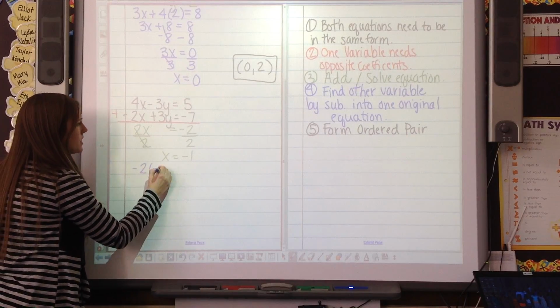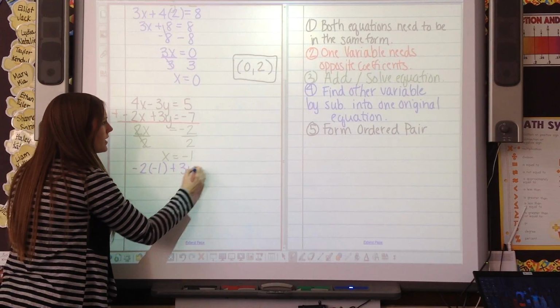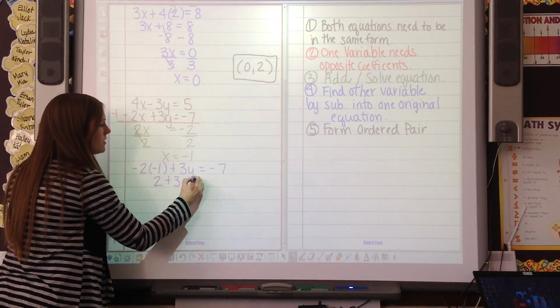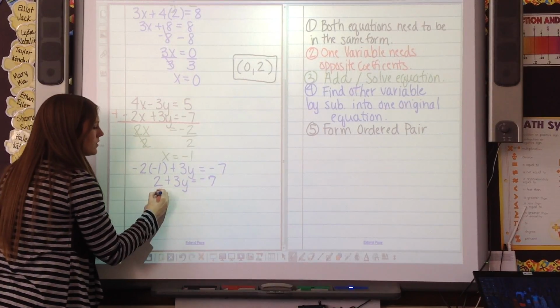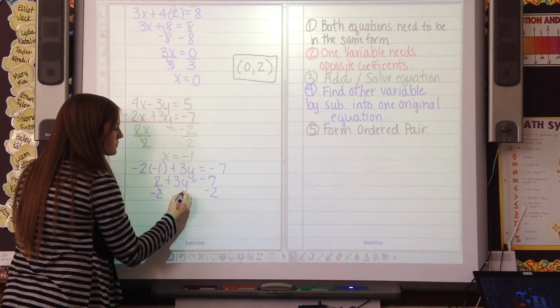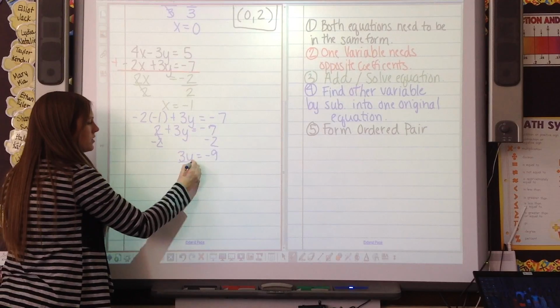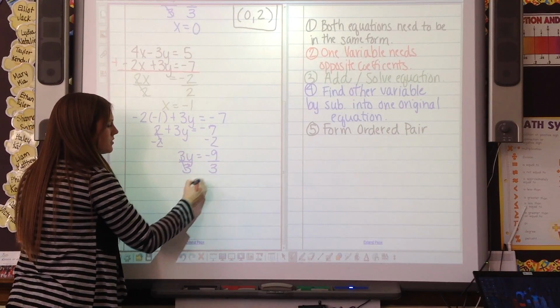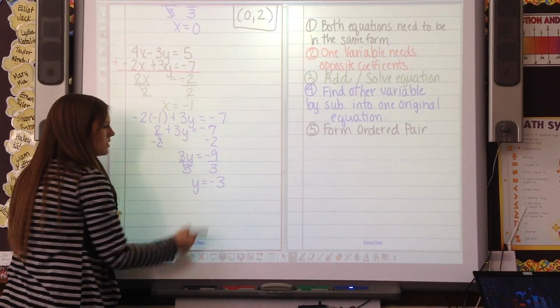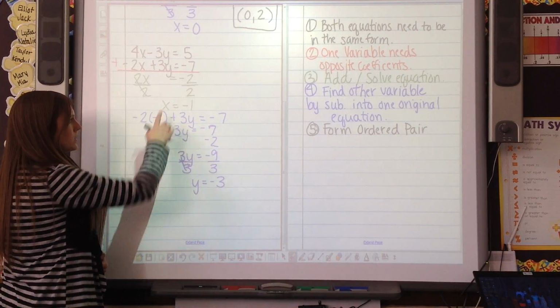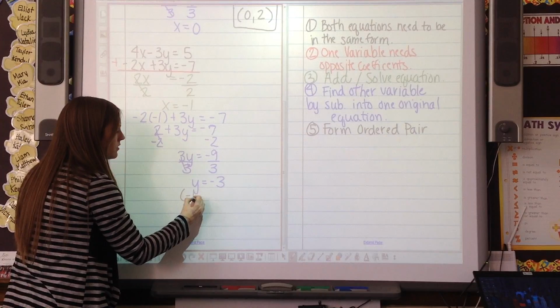Negative 2 times negative 1 plus 3y equals negative 7. 2 plus 3y equals negative 7. 3y equals negative 9. So I get y equals negative 3. My solution is going to be negative 1, negative 3.